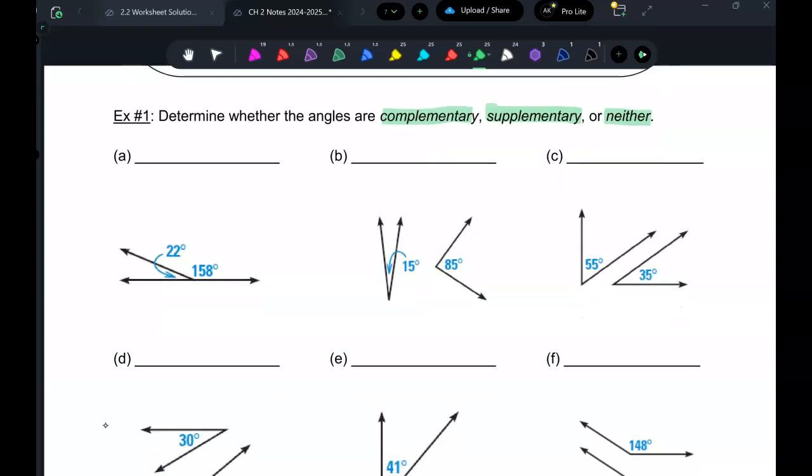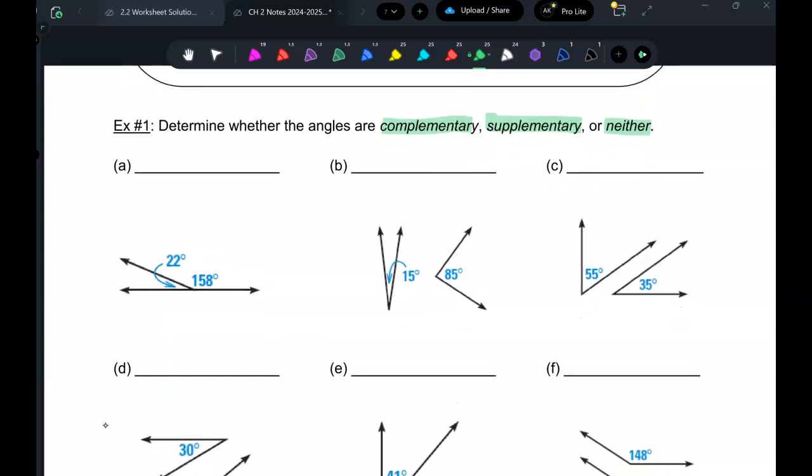Okay, hold on. So if you have your calculators, or if you want to add these up by hand, so if I have 158, and I want to add 22 degrees, so let's see. Carry the 1.